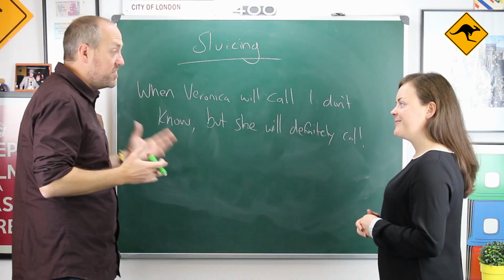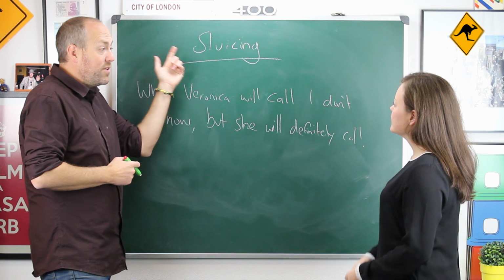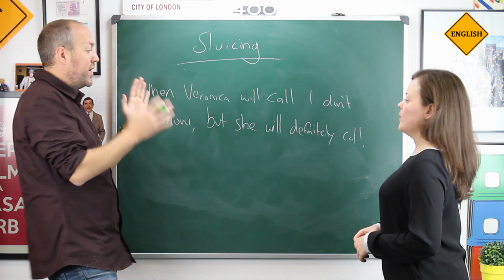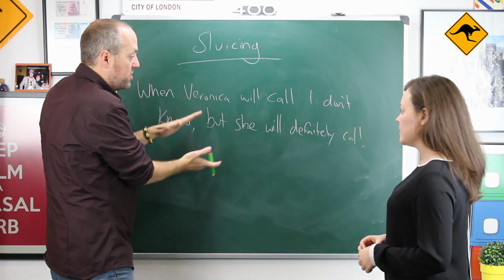Here's another example. And again with sluicing, we can go forwards or backwards.